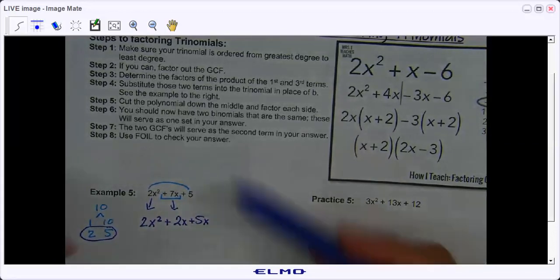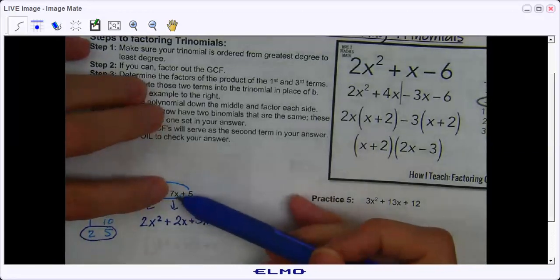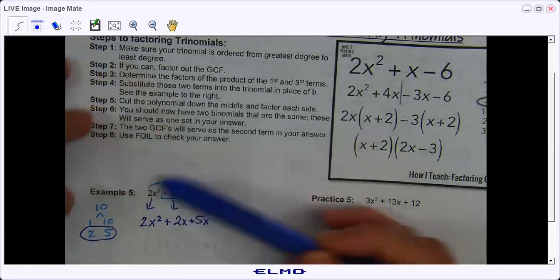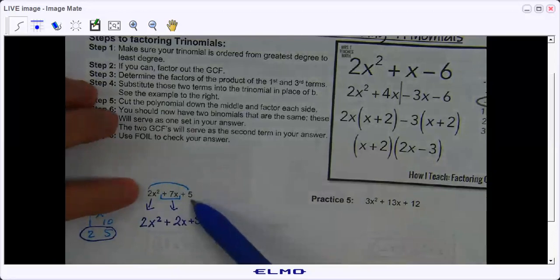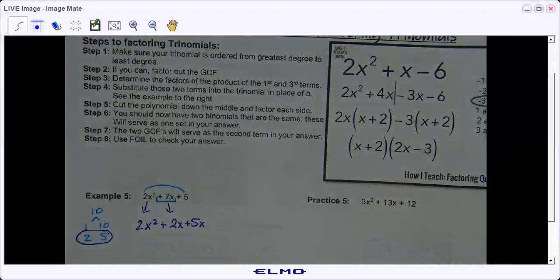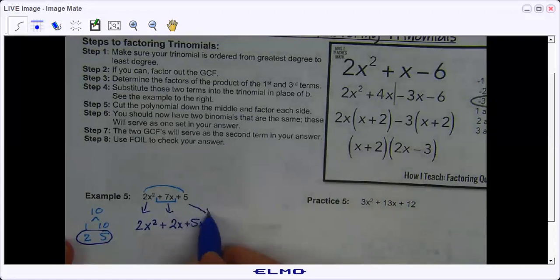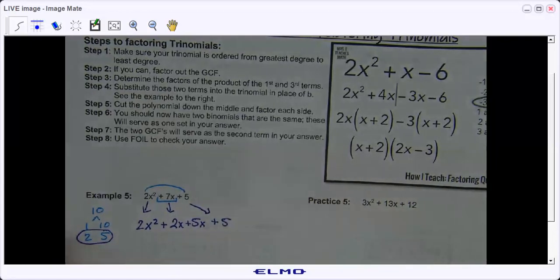So we're replacing this middle term with the factors of 10 that equal 7. And then we just bring back down this 5. So we're rewriting the whole thing, but replacing the 7x with its 2 factors here. Now this is where we start to see a little bit of variation.